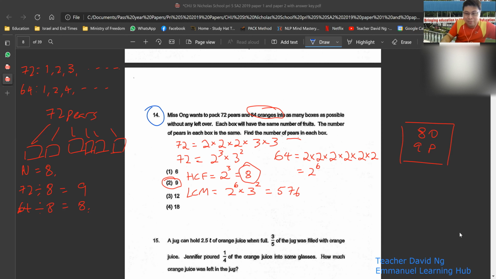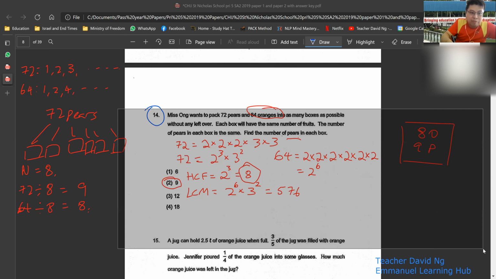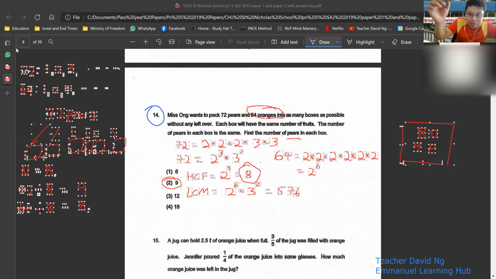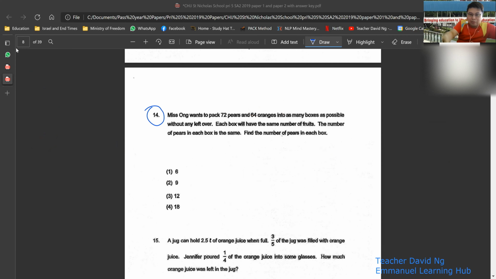Can move on already. So you learn something new, prime factorization. If you have questions regarding prime factorization, feel free to ask me.